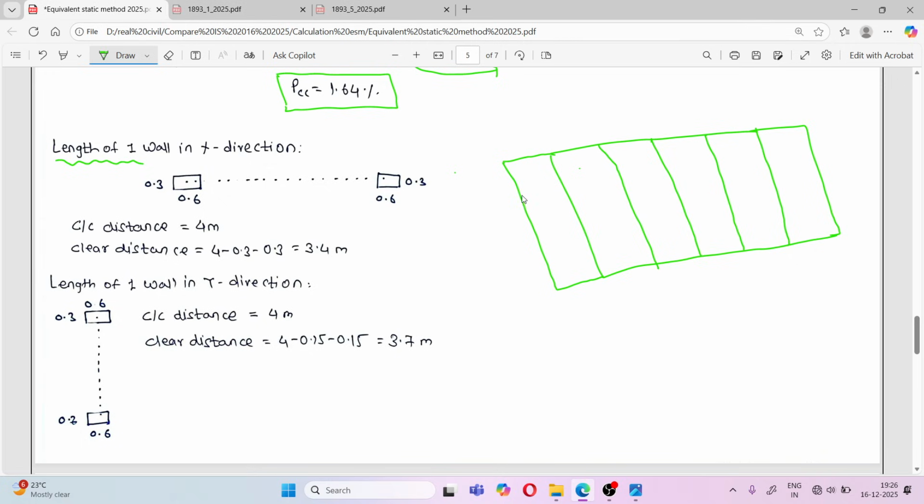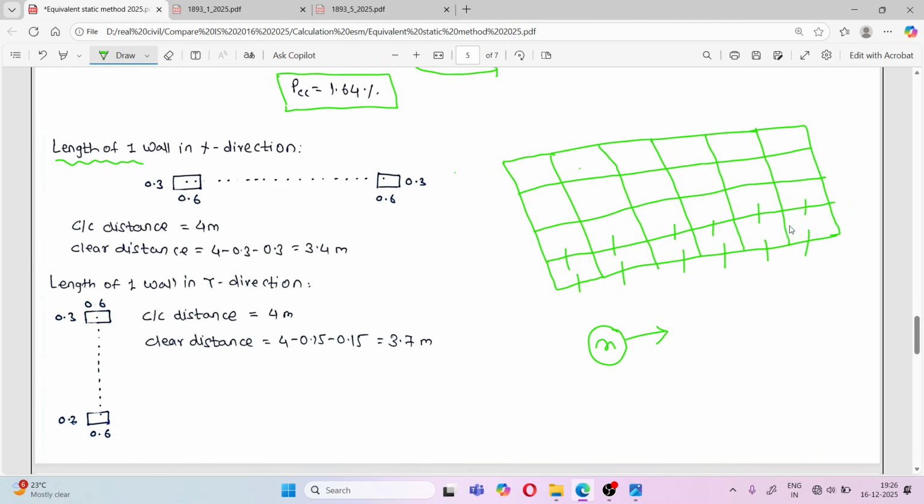So in this direction, this is the first bay, second bay, third and fourth. Here we will first calculate for earthquake in X direction. So in X direction, in these bays we have a masonry wall.